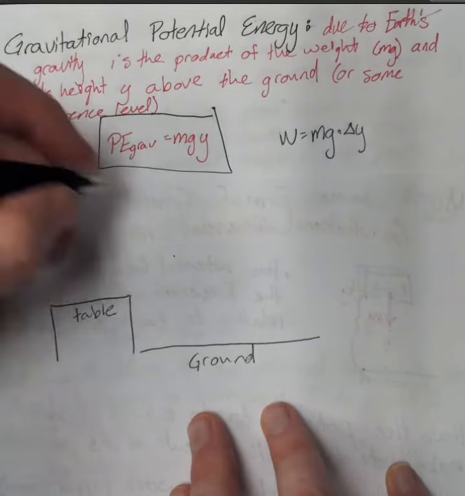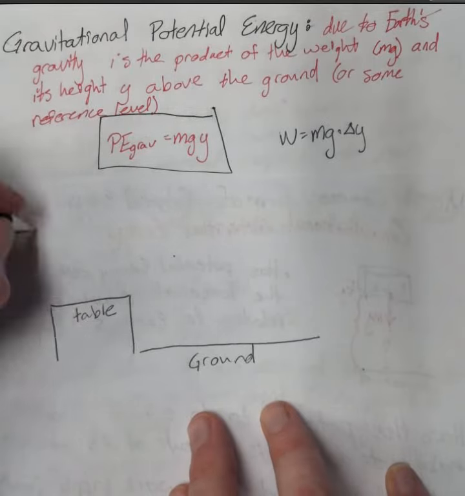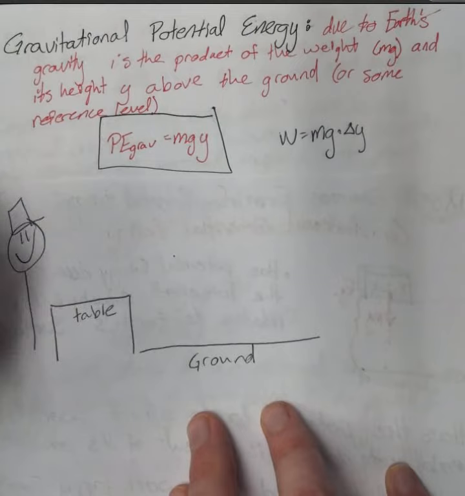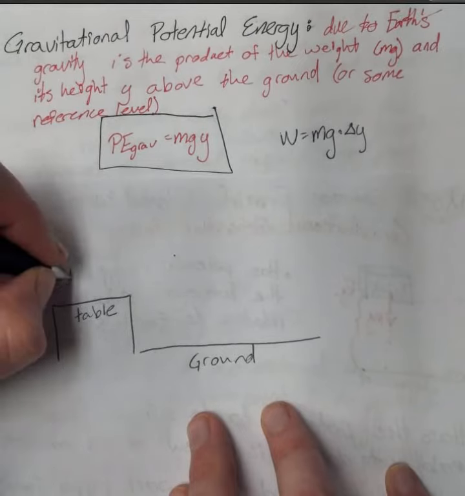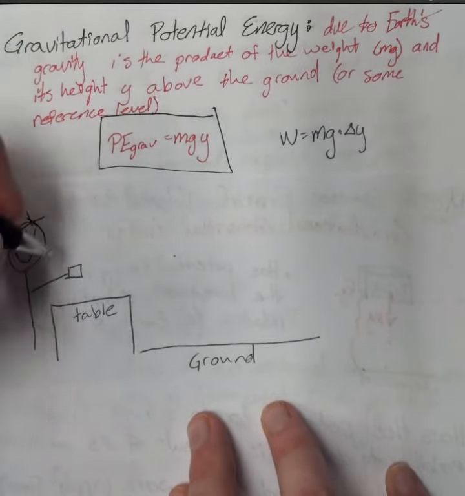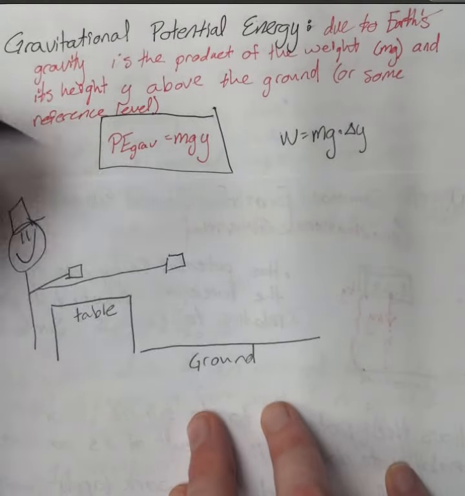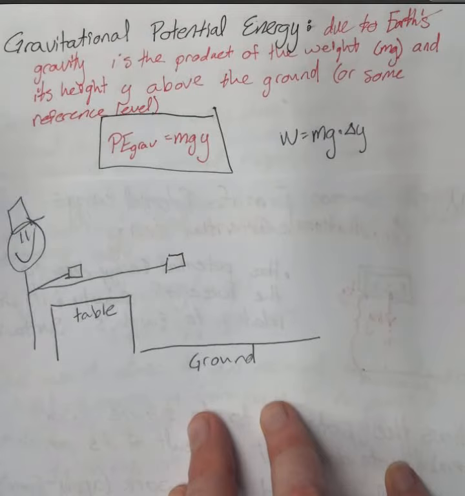Now, Benny is holding one cell phone above a table, and with his really long arm he's holding the other cell phone above the ground. Now he wants to know the potential energy of each of these cell phones, and there's two ways to quantify it.